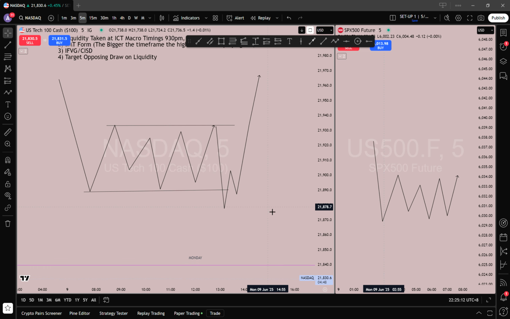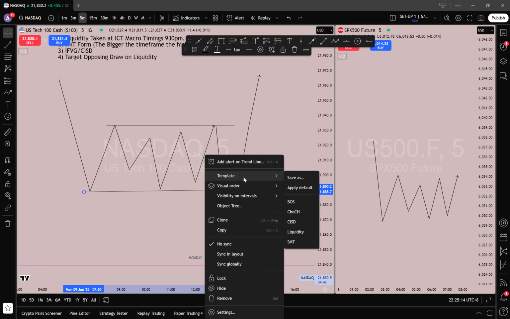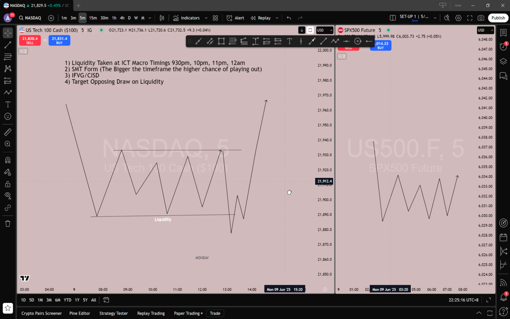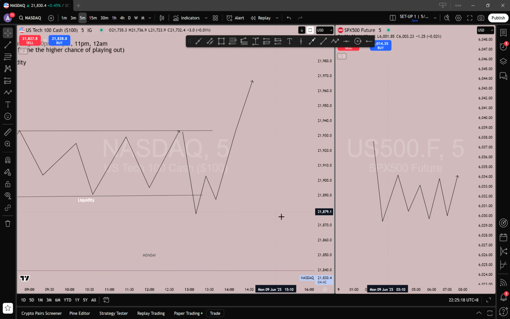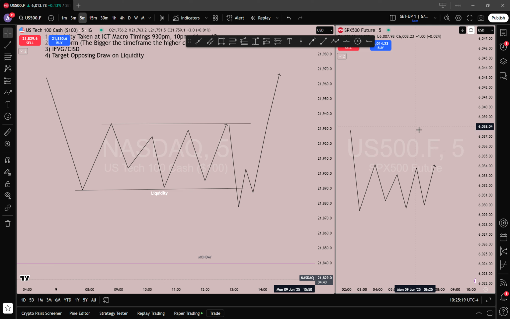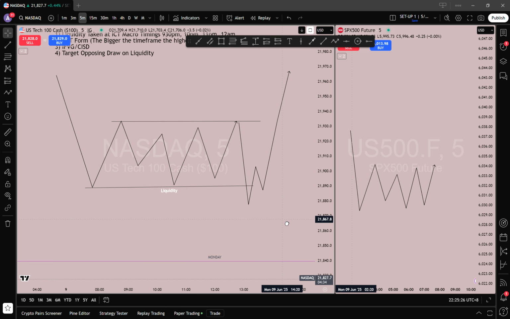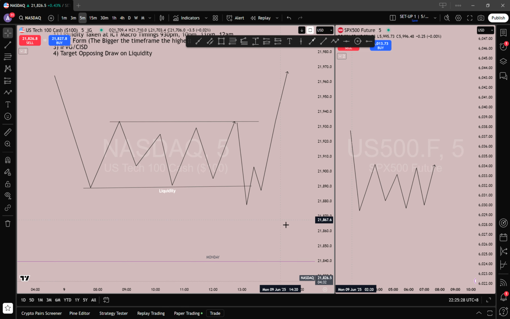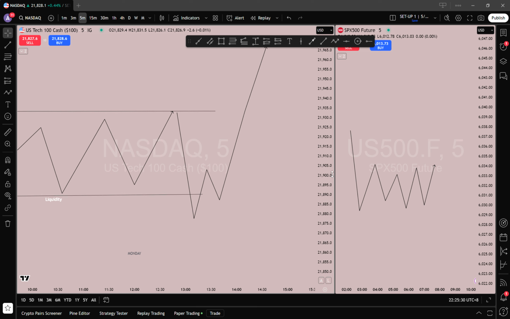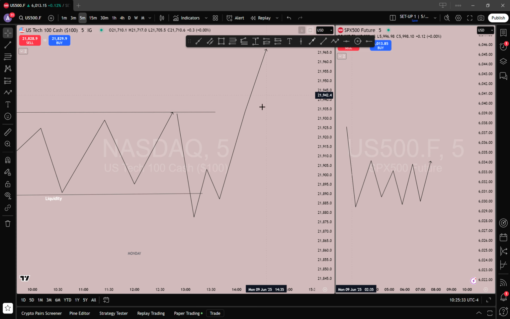So I'm going to explain what IFVG and SMT means. So SMT, the reason why I have two different charts, one Nasdaq and one ES, is ES is US 500. So the concept basically is that one of these indexes, since they're the same ones, right?